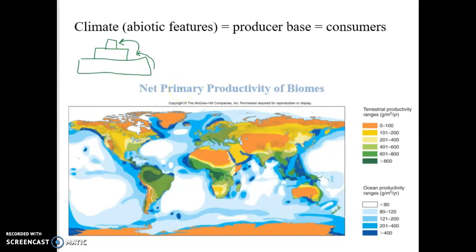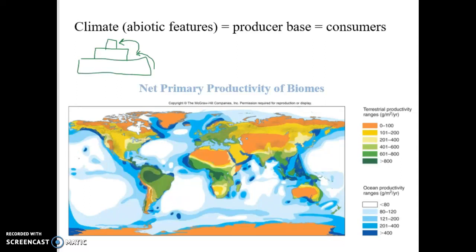Trophic levels, etc. So this map here gives us kind of a neat visual to see how much energy is in a given biome. We can measure this. We can actually go out and do the math and calculate and say, here's the amount of energy in a given biome. So this map is presenting it as grams of energy per square meter over the course of an entire year. Okay, that's what grams meters square per year means.